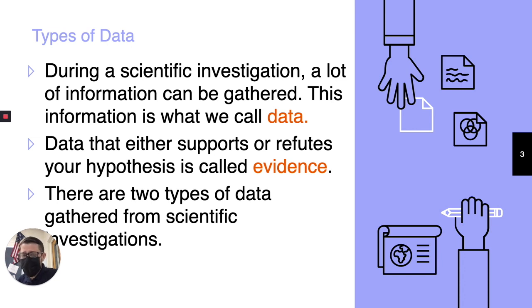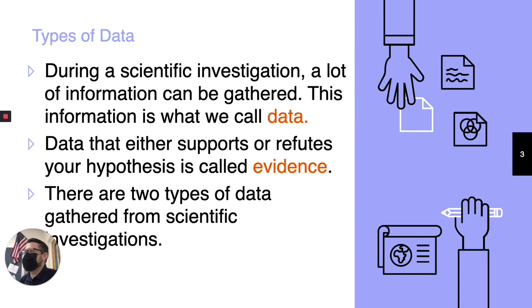But your data is what you're then going to use to either support your hypothesis or refute your hypothesis. So if your data seems to show that your hypothesis was correct, then that supports your hypothesis. If your data seems to show that your hypothesis was incorrect, then that refutes your hypothesis.